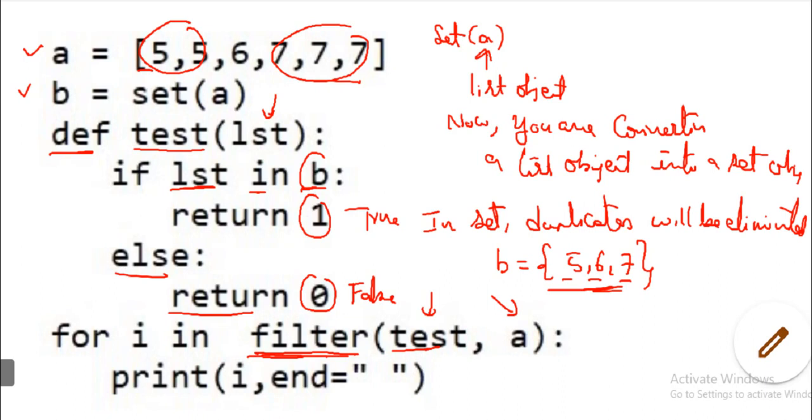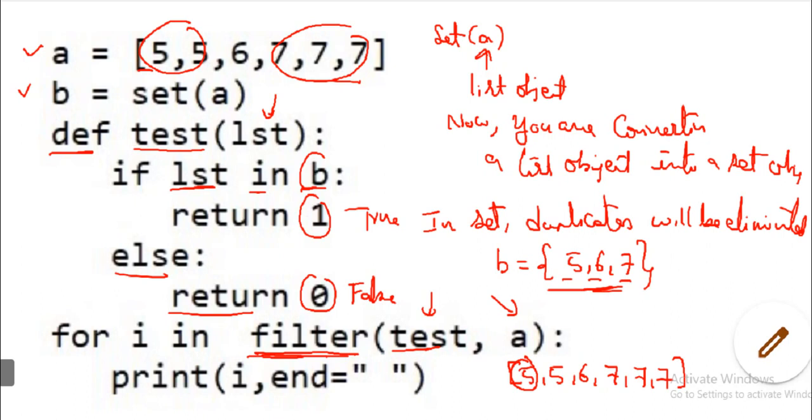The filter function takes each and every element from A. In A we have 5, 6, 7, 7, 7. So first, which element will be passed to the test function? The first element will be passed as 5.